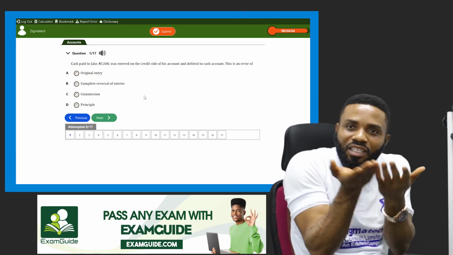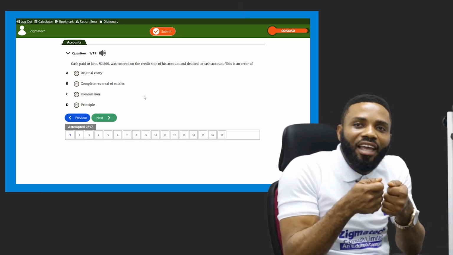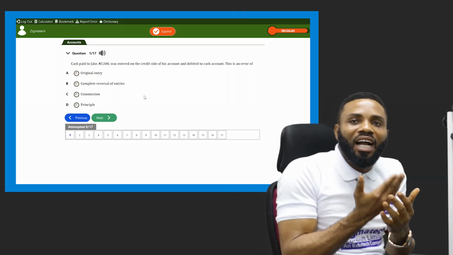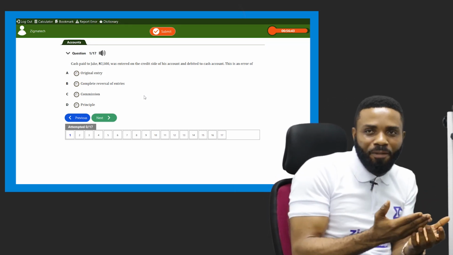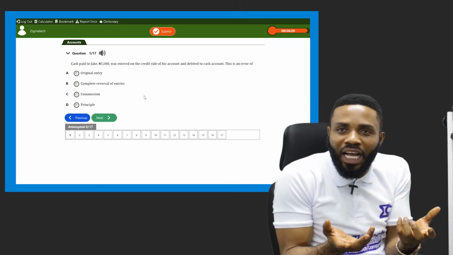So ask yourself, in this question now, they say paid to what? This Jack, this guy we have paid this money to, is receiving this money. So by right, Jack is supposed to be debited, and then cash is supposed to be credited. But what did the accountant do?